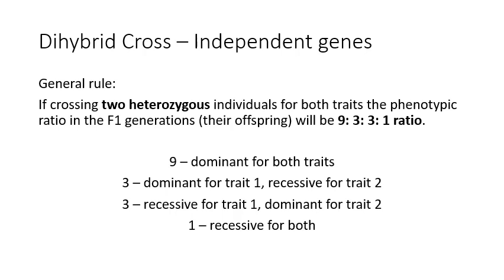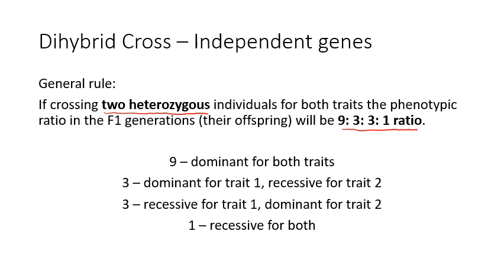As a general rule of thumb, when it comes to dihybrid inheritance and we're looking at independent genes, if you ever cross two heterozygous individuals together for both traits, the phenotypic ratio that we're going to see in their offspring is always going to be 9 to 3 to 3 to 1.